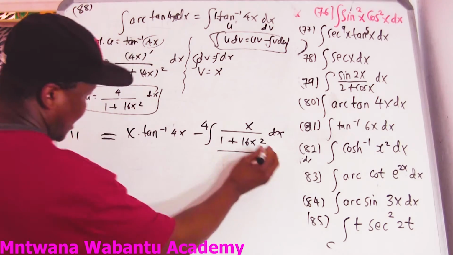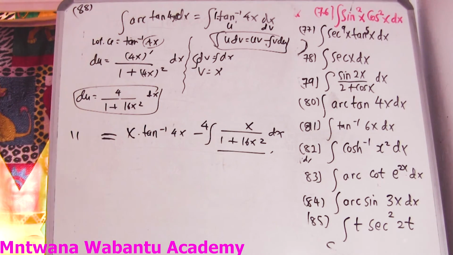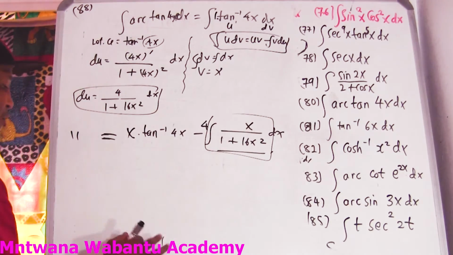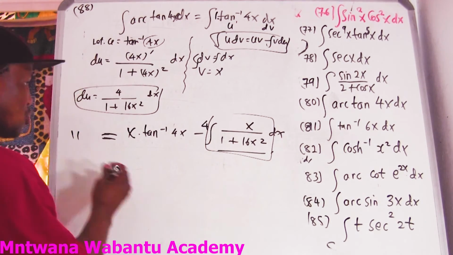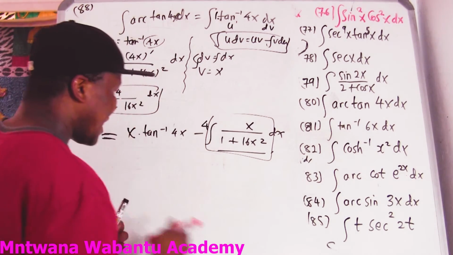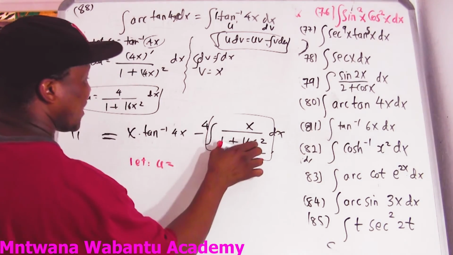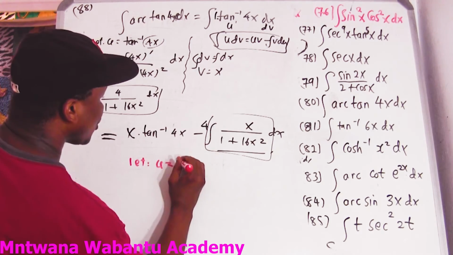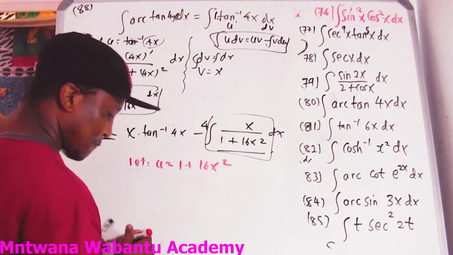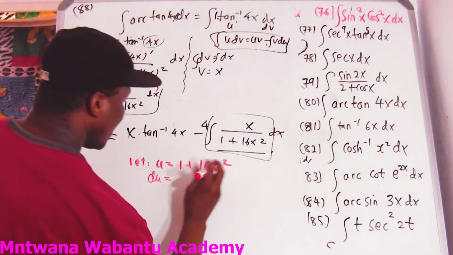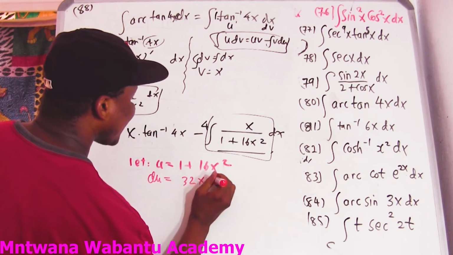So this is easy. If you want, I can do the substitution slowly. With me, I know the answer, but I can just show you how it's done. Now you can let u equal to the denominator, because I know if I differentiate this I get the one on top. u equals 1 plus 16x squared, and if you differentiate this, du equals 32x dx.